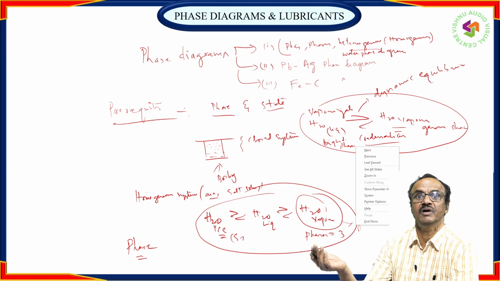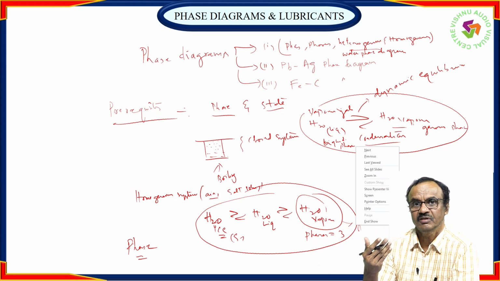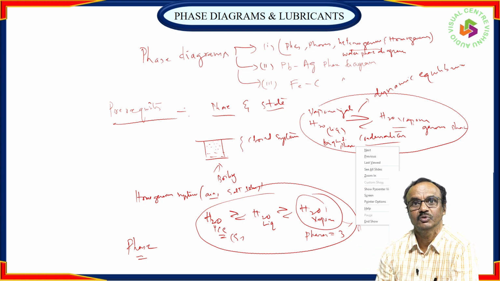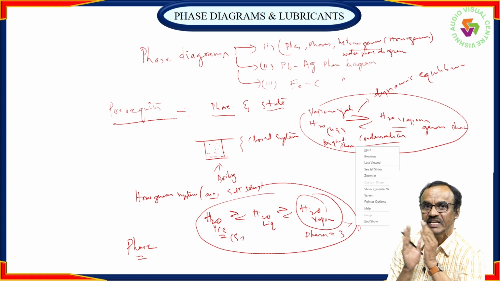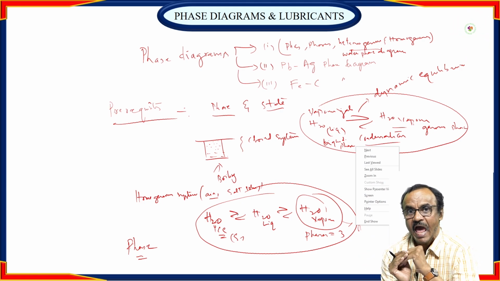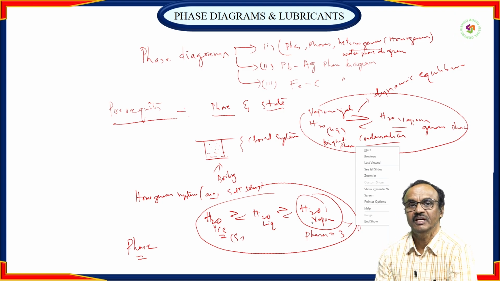When you open the flask, the white smoky vapor escapes out, and the equilibrium collapses. So only as long as it is closed and detached can we maintain dynamic equilibrium. At dynamic equilibrium, possible phases are 3.